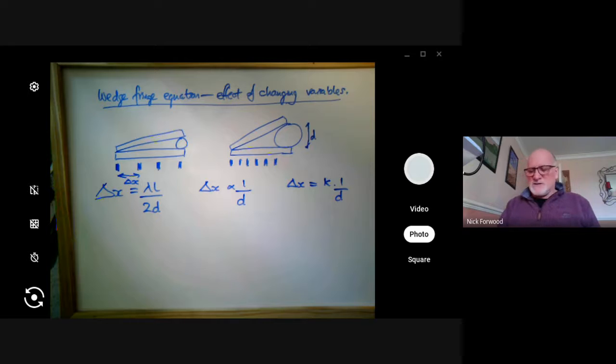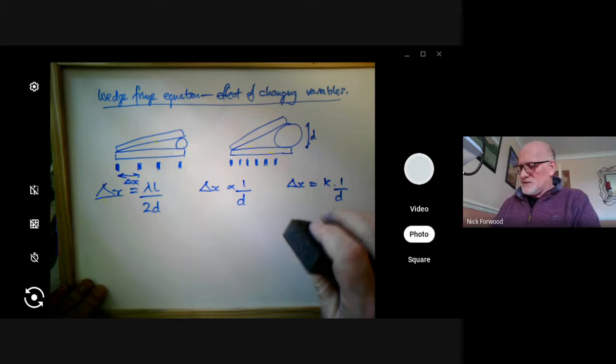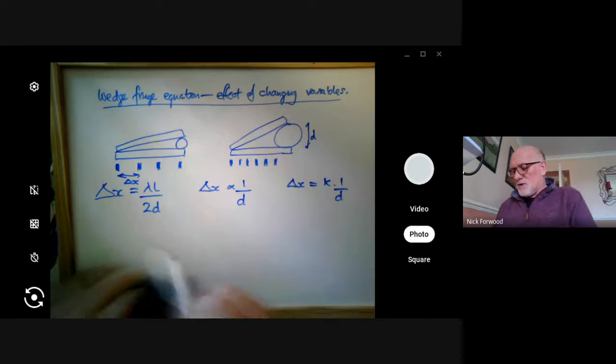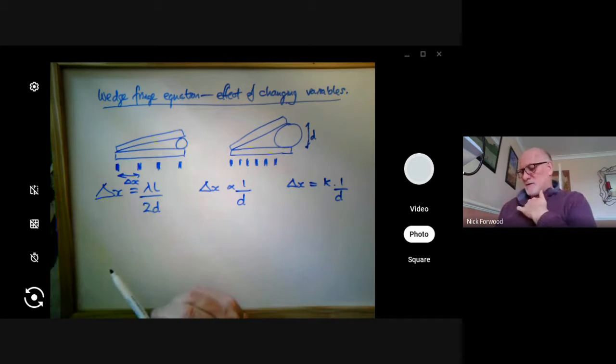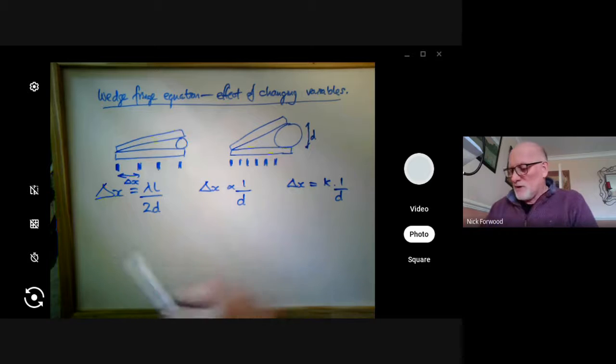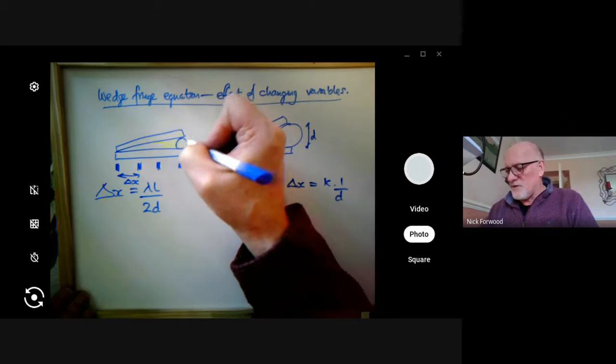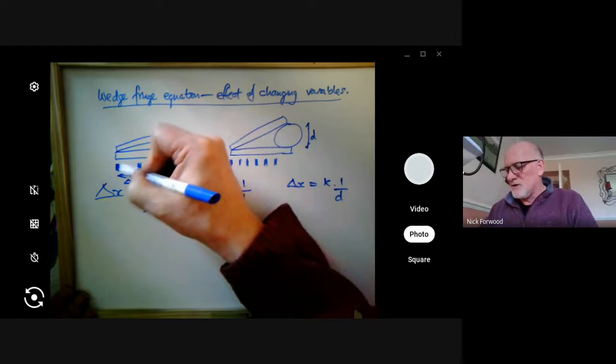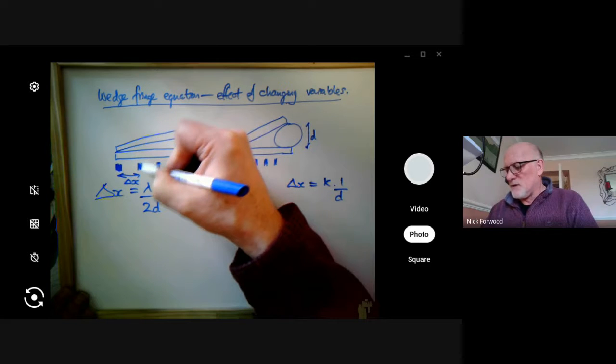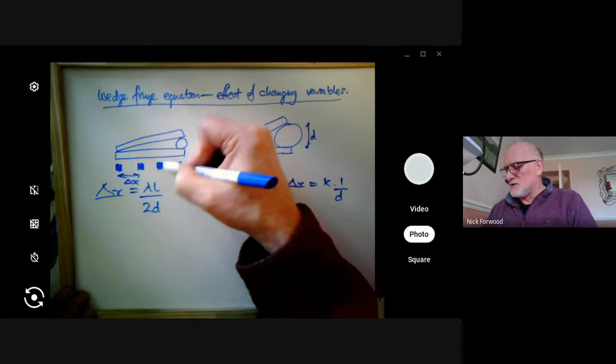Now, there's something else which goes on here, and it's not obvious from the equation at all. When you've got a small prop height, when you've got something that's quite thin there, these fringes are actually quite wide, and that's not at all obvious from the formula.